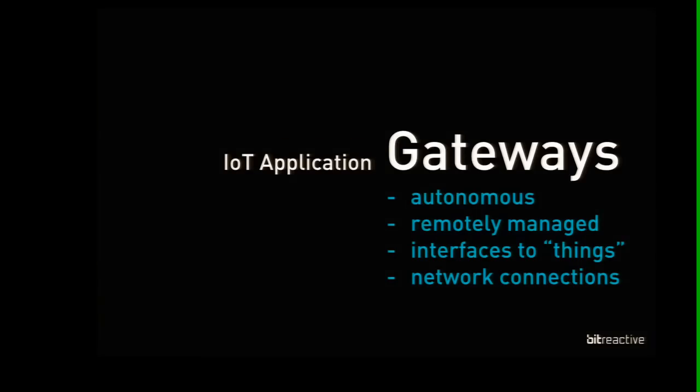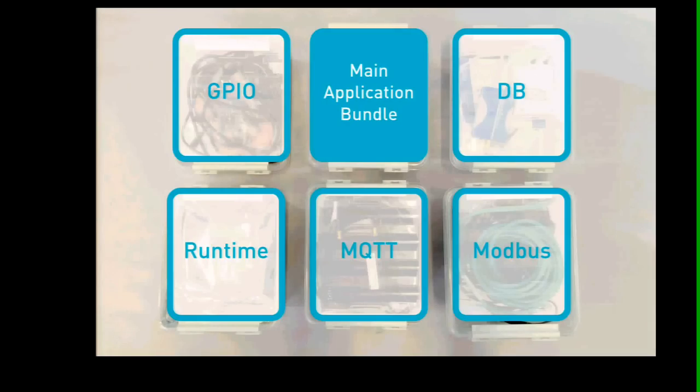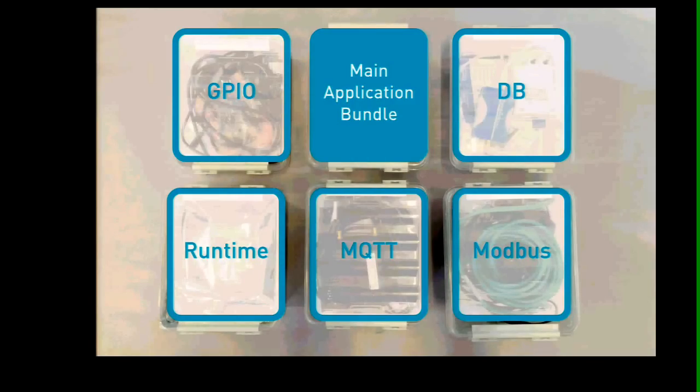I have an easy picture. Here you see I make the simplification that I have a main application bundle, just for the sake of the argument. It could also be more complex than that. But usually you have one such main bundle that encapsulates your application, and it consumes services from other bundles. These other bundles, here just some examples, could contribute control of the general purpose I/O.